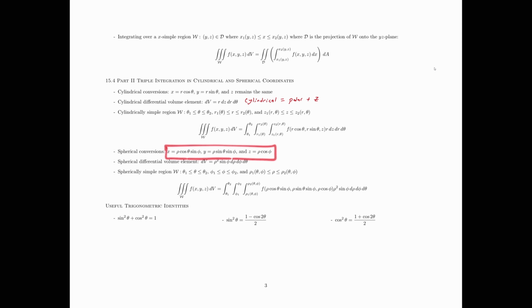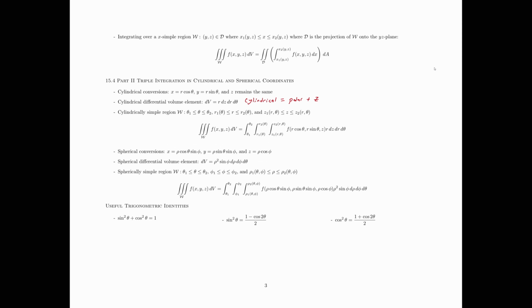These are our spherical conversion factors. Our differential volume is also a bit different. We've got our differentials, and it's always in this order for our integration. Always going to be doing with respect to rho first, with respect to phi, and then lastly, always ending with theta on the outside.